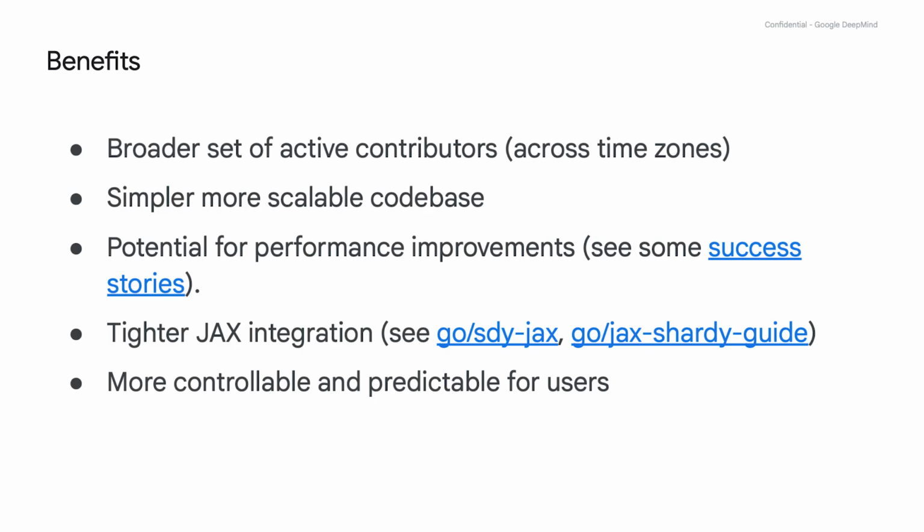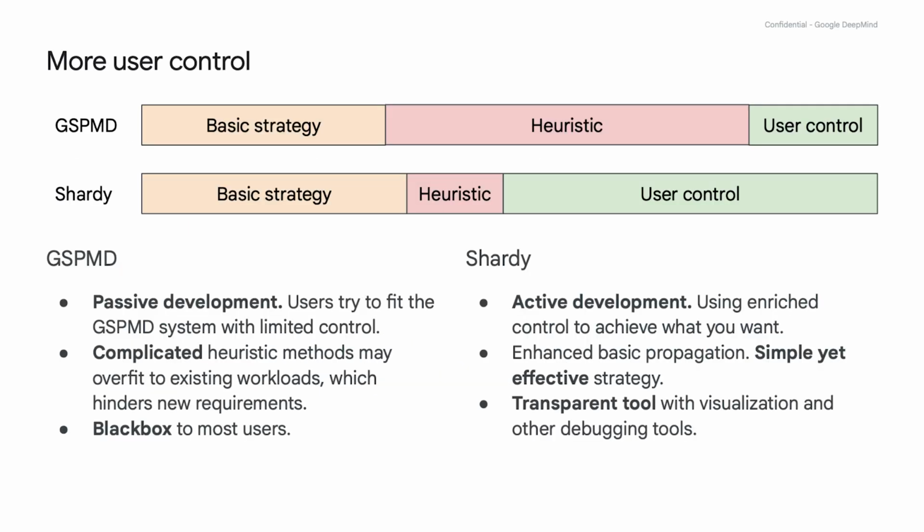Also, we have a tighter JAX integration such that users can experience Shardy with JAX directly with a config. And we provide something much more controllable and predictable for users, as shown in this philosophy. Compared with GSPMD, Shardy has enhanced the basic strategy, reduced heuristic methods and provides much more control for users.